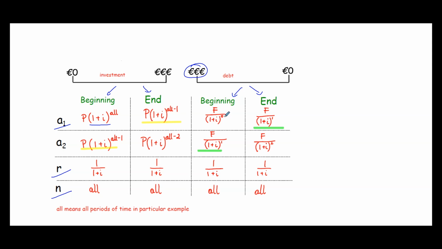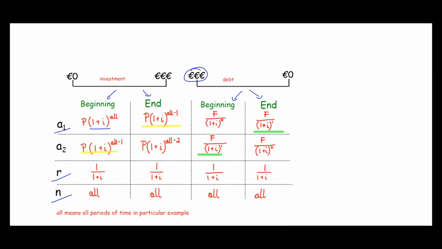That's the reason why power of 0. And then in order to make it simple, for every time, as you can see, R is always expressed in the same way, 1 divided by 1 plus interest rate, and N always means all periods in the particular example. Okay, but back to our question.